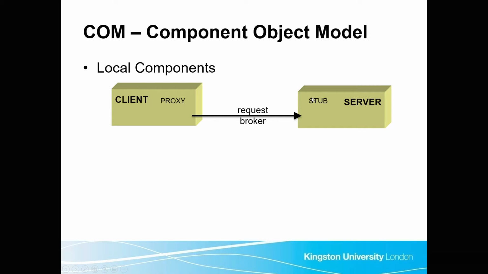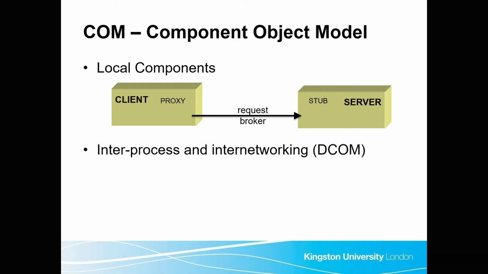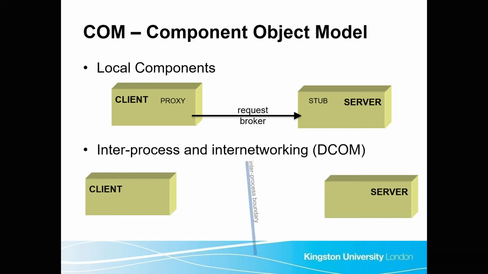Now, if we want to repeat the same architecture for an inter-process or inter-networking environment, where the request has to be transmitted across an inter-process boundary and perhaps even across a network, so between various computers, we will have a similar structure to the structure of the local components, with one very important difference.